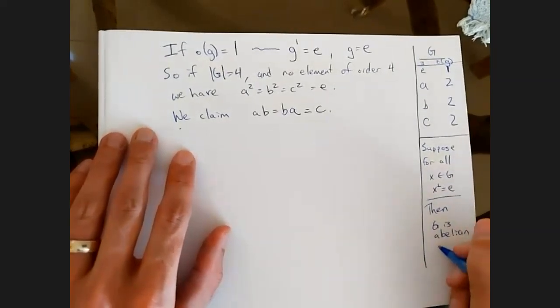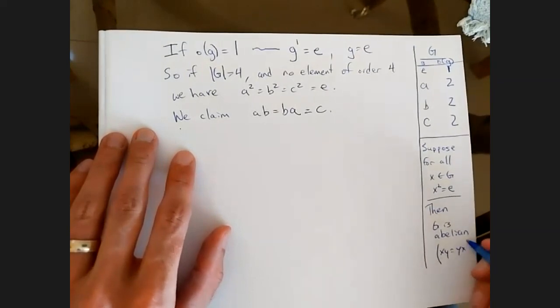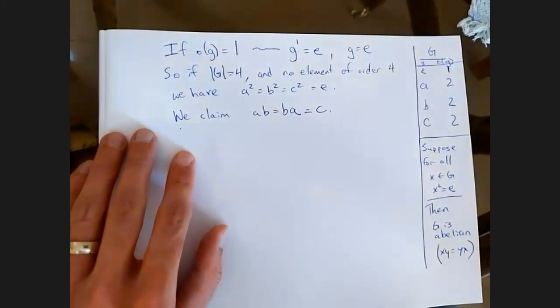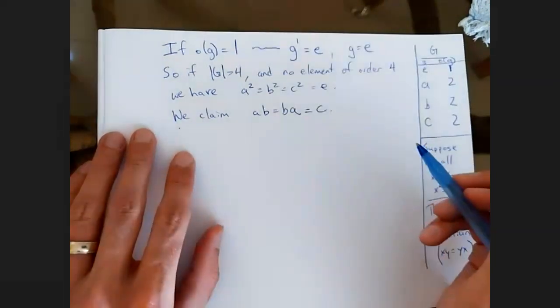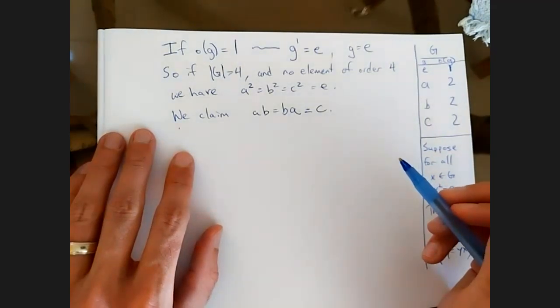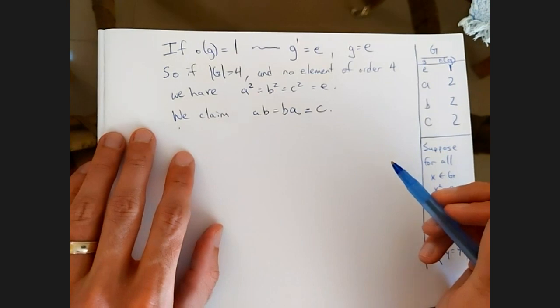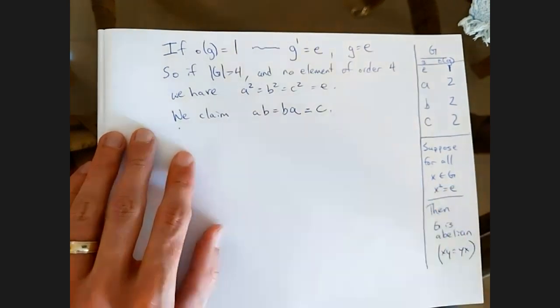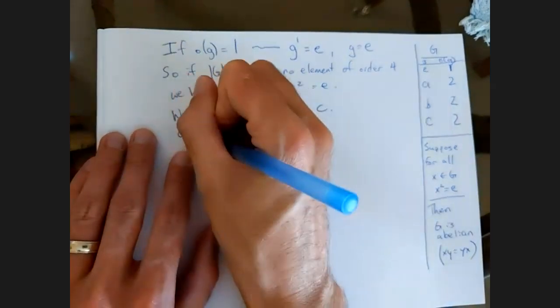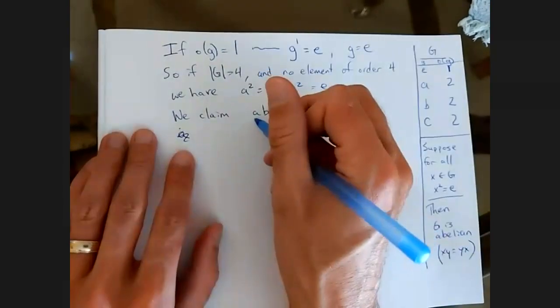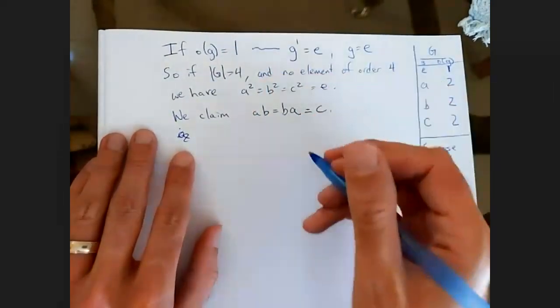Meaning, that just means xy equals yx for all x and y. So this is just like a special case. There's some tricky way to prove this, but we can just argue directly.